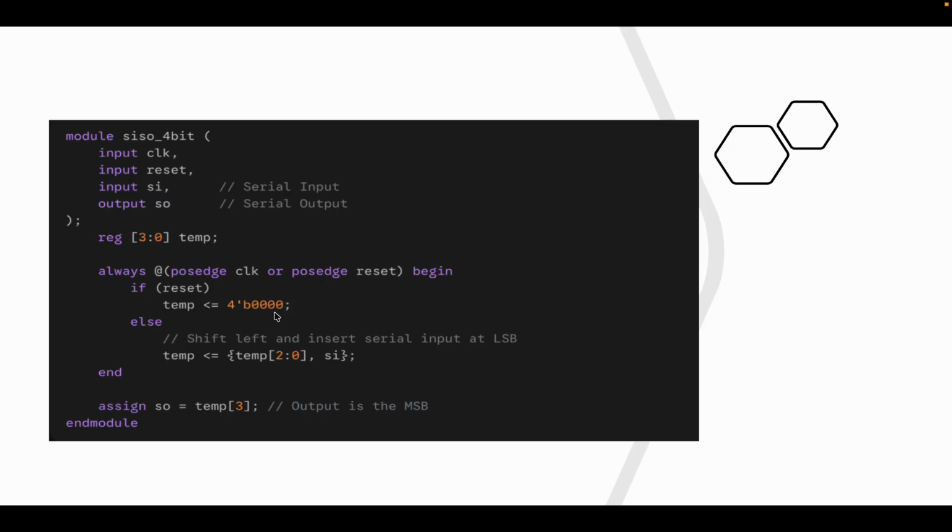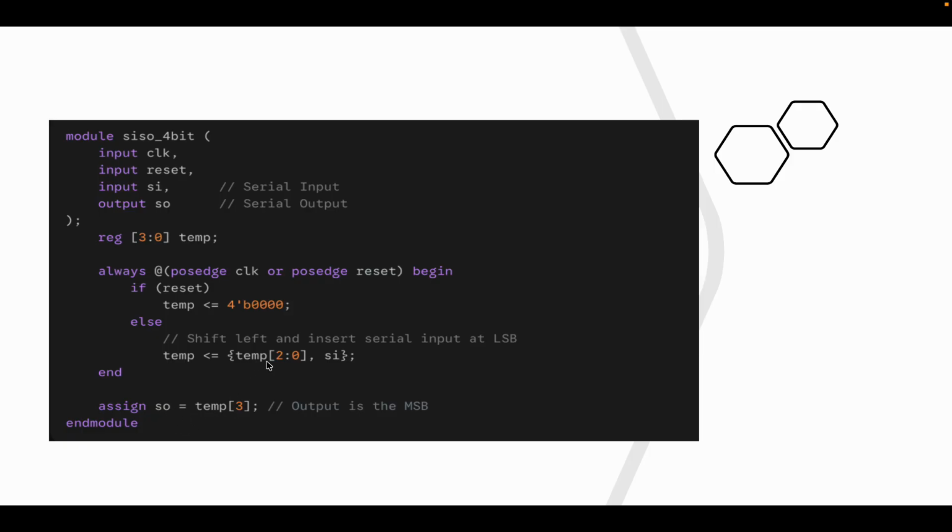We'll begin this. If reset is high, your output will be all zeros. Else, you will give whatever is in this input to the temporary variable. What will happen is serial input and whatever is in your variable from 0 to 2, that is 3 bits, will get transferred to this temporary variable, and our output will be temp[3].